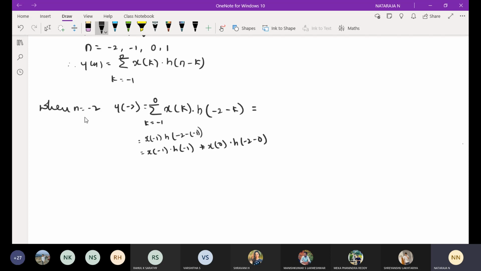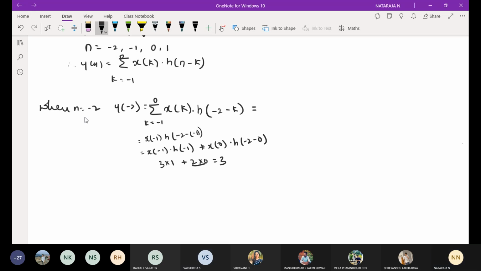What is x of -1? 3. H of -1? 1. Plus x of 0, which is 2, times h of -2. We don't have -2, so h of -2 will be 0. This becomes 0, and you will get 3. Got it, everyone? 3?